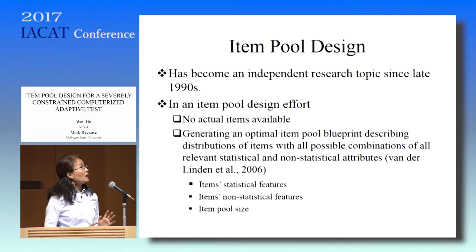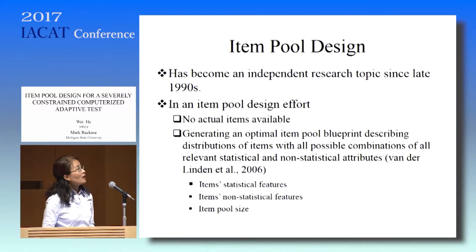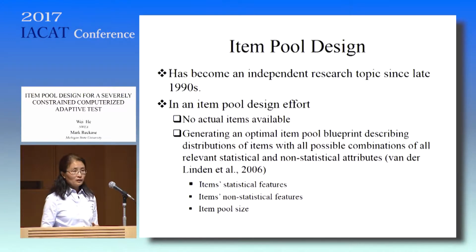Item pool design has become an independent research topic starting from the late 1990s. Unlike item pool assembly, which focuses on assembling an item pool from the actual items according to the desirable item pool characteristics, in an item pool design effort, no actual items exist.